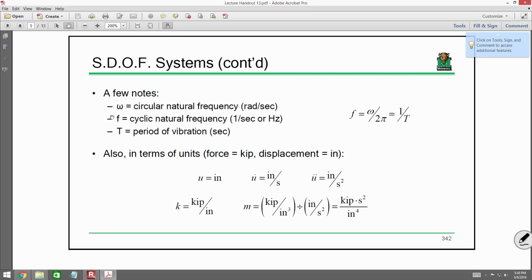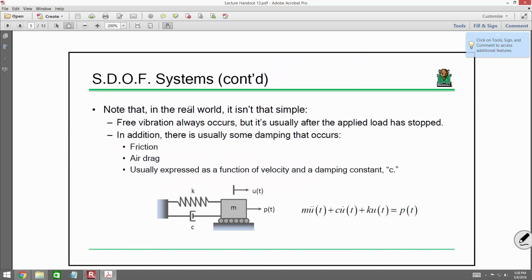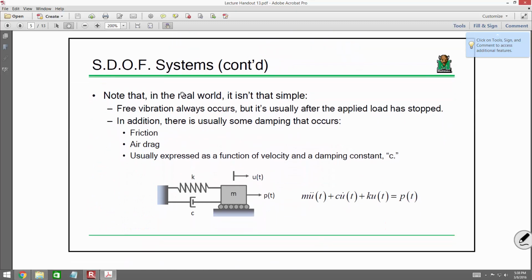I would argue that this is probably one of the downfalls of US units. I get it. In SI, it would come out in some term of kilograms or grams, and it would make a little more sense. Make sense? Okay. Now, in the real world, and my vibration students could talk about this all night, it isn't that simple.